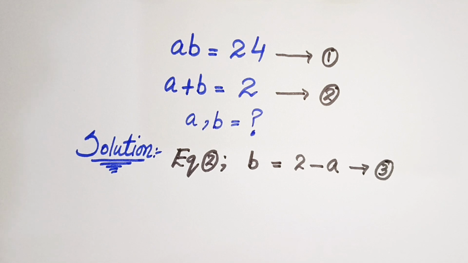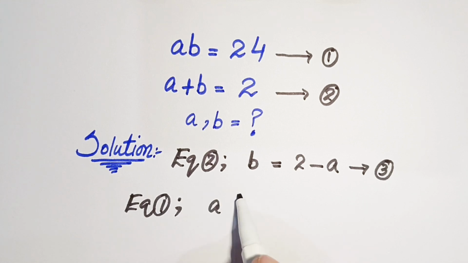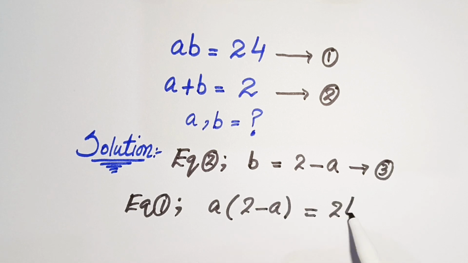Now putting this value of b in our equation 1, which is a times b, where b is equal to 2 minus a, that is equal to 24. Now 2 times a is 2a, minus a squared is equal to 24.